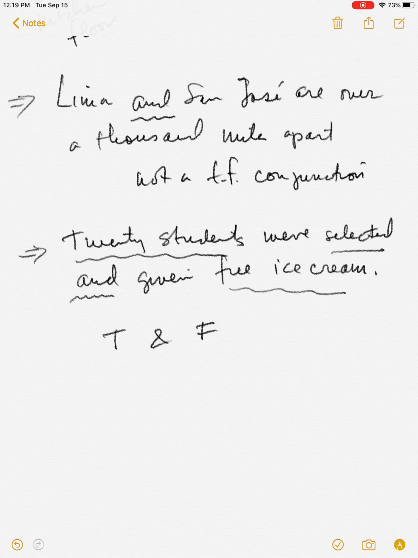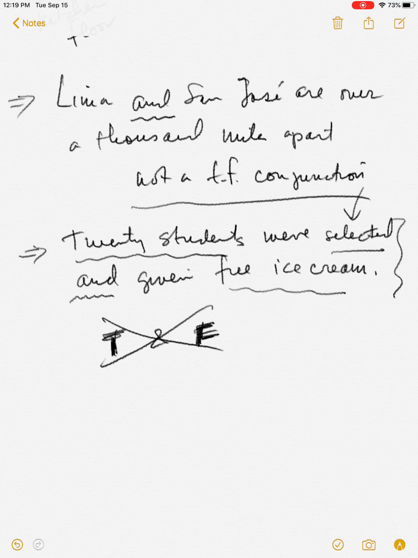But this allows for the fact that one group of 20 students were selected, but a different group of 20 students were given free ice cream. So that really doesn't capture what's going on in this sentence. So this also is not a truth functional conjunction. There's no way that we can get at this reference back and forth by using the ampersand.